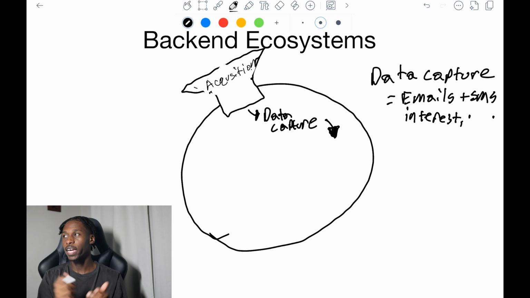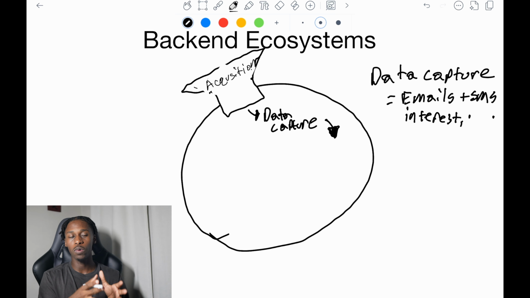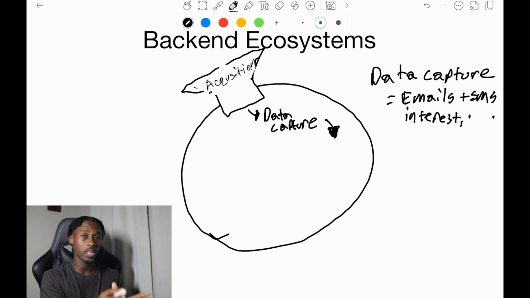So think of someone like Alex Hormozi or some of the other bigger influencers. When they talk about email, when they talk about marketing, think about it. They have a big database of people who have actually watched their content or have visited their website. That gives them the ability to capture first-party data.